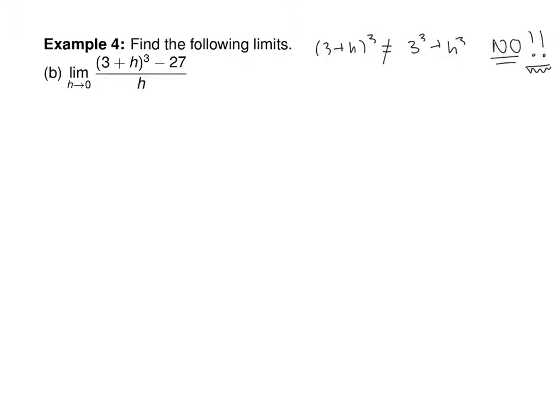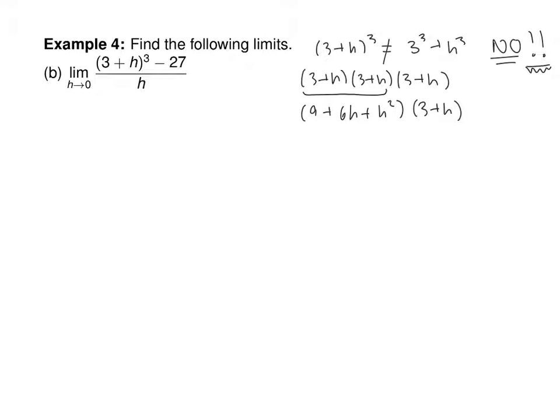So you revert back to what you know. I know that cubed means I have that factor multiplied by itself 3 times, right? That's the basic definition. And I know how to multiply, so I can multiply those two first. That'll give me 9 plus 6h plus h squared times 3 plus h. That was a little fast, but does that make sense?